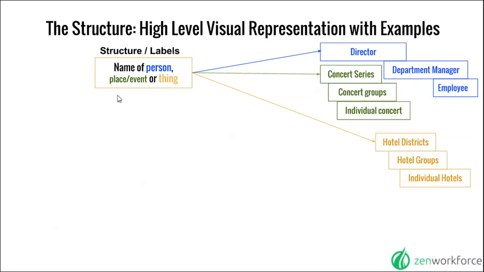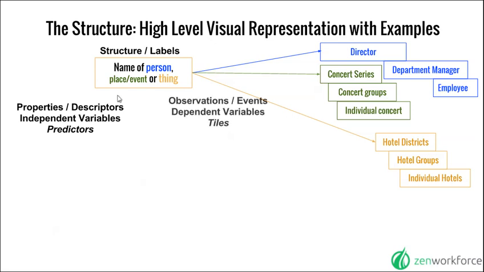Now let's start talking about additional pieces of the puzzle. We have these descriptors of a person, place, or thing, things that describe that person. Could be a test score or whatnot. These descriptors are used to predict something. In our scenario, they're usually used to predict some type of observation, and these observations are gathered in real time on the tiles.